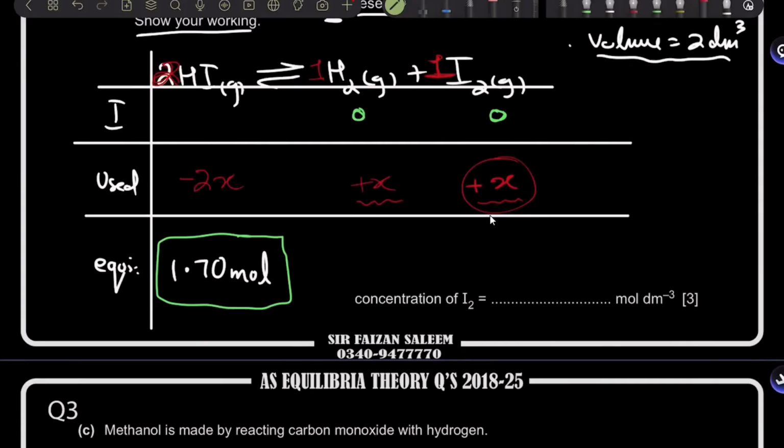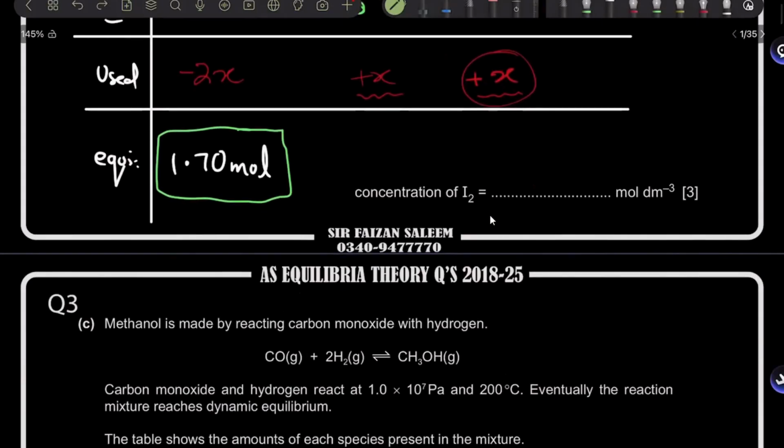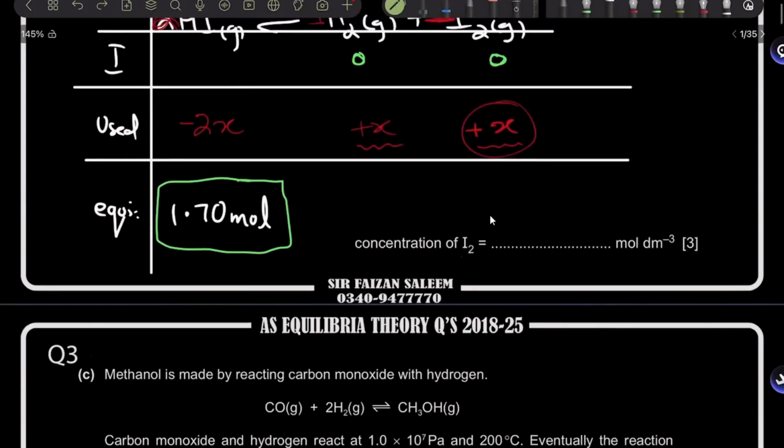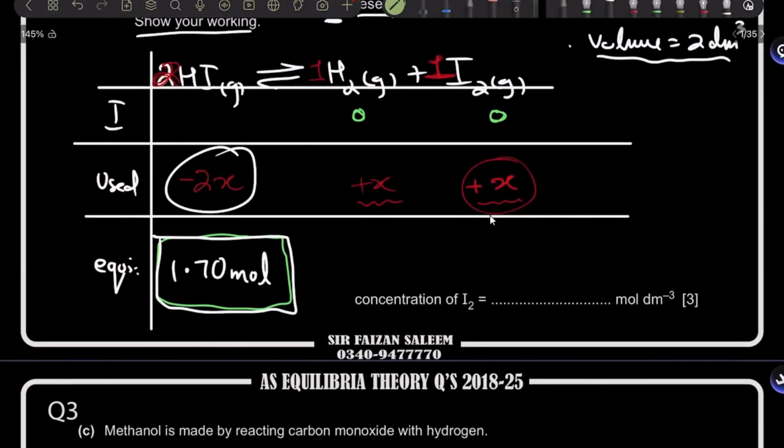Right? So whatever the initial value over here, minus 2X, I do know the answer for that. I know that when I subtract these used moles, I get these equilibrium moles, and my only requirement was to find the equilibrium moles. So do I have the expression for the equilibrium moles of H2?